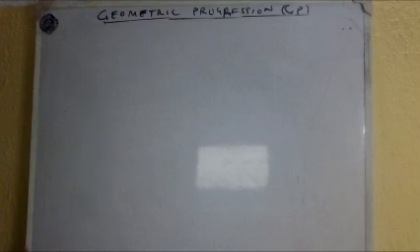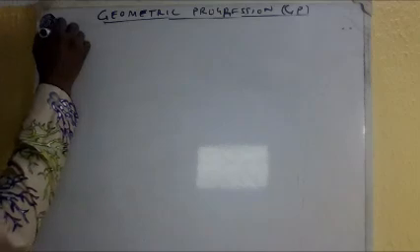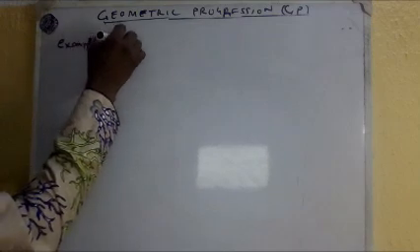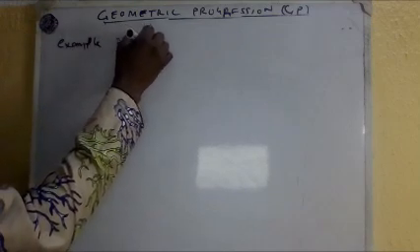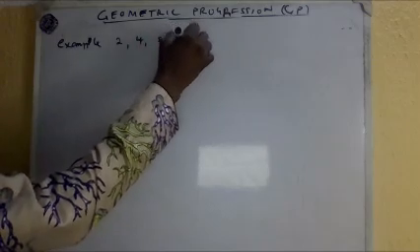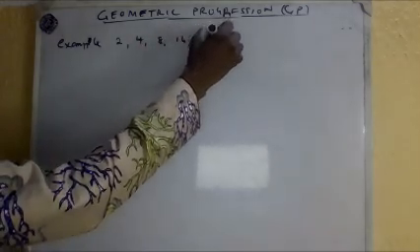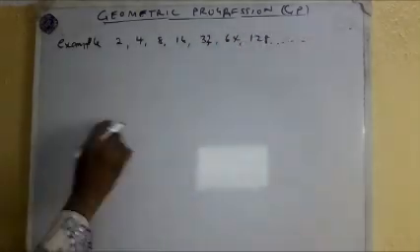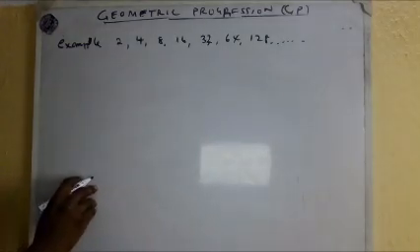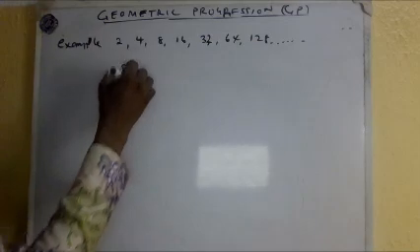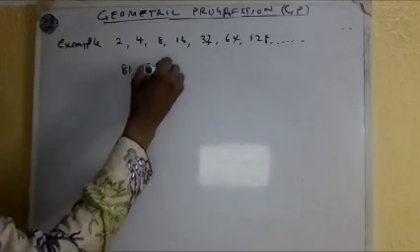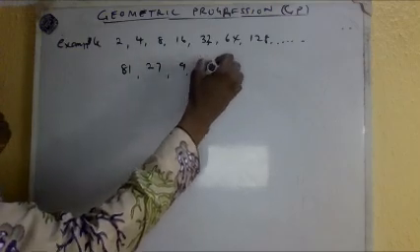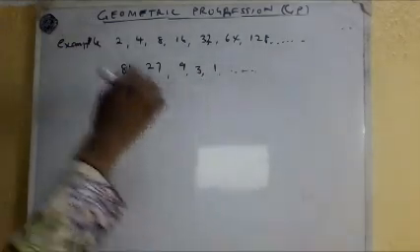Example of a geometric progression is 2, 4, 8, 16, 32, 64, 128, etc. Another example of a geometric progression is 81, 27, 9, 3, 1, and so on.